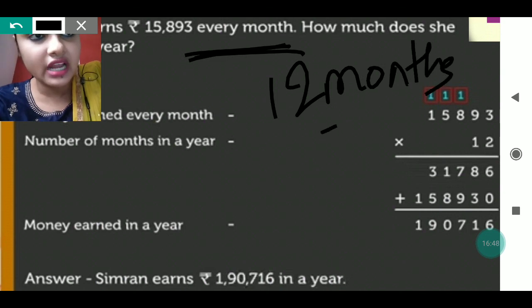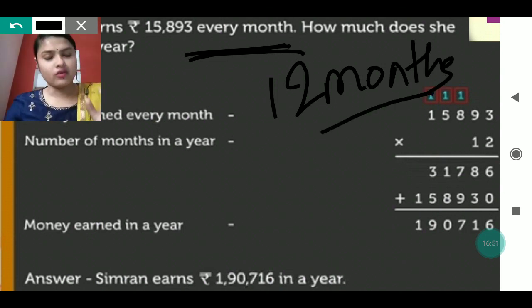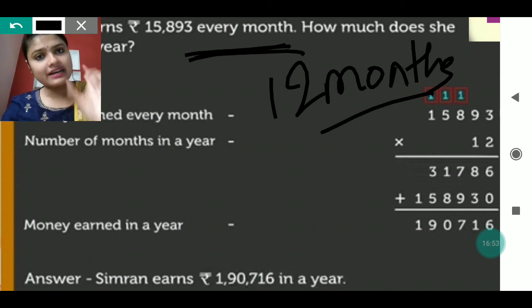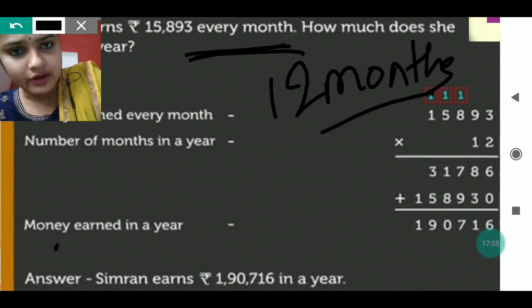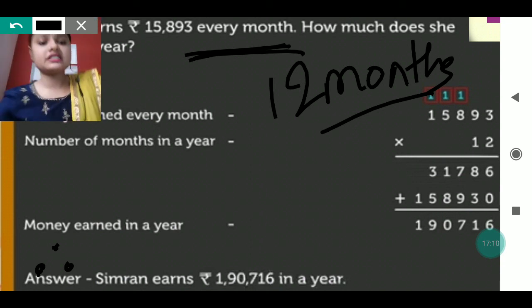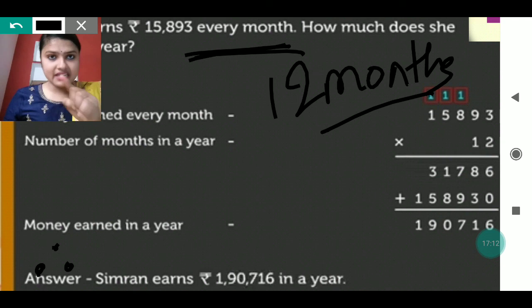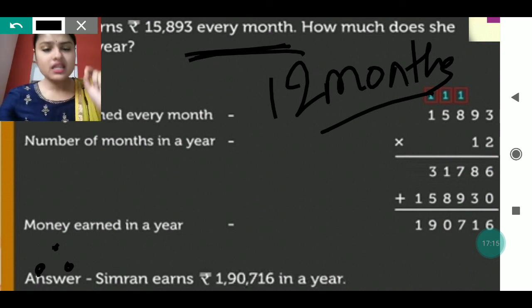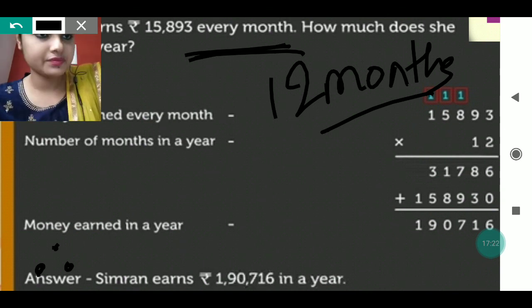What is the total earning of that girl, Simran? 190716. So what will you write as the answer? Therefore, you can give the sign of therefore here. Therefore, Simran earns rupees 1,90,716 in a year. Complete.